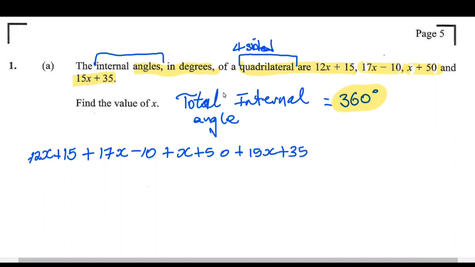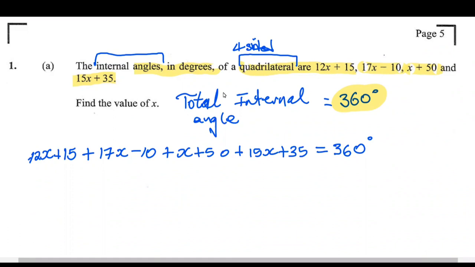If we add up all of these four angles, it should equal a total of 360 degrees. That is the idea we're going to use to solve this problem, resting our knowledge on the fact that the total internal angle must add to give 360.